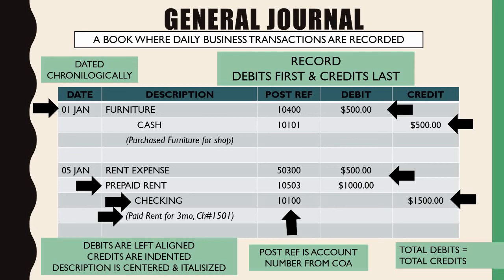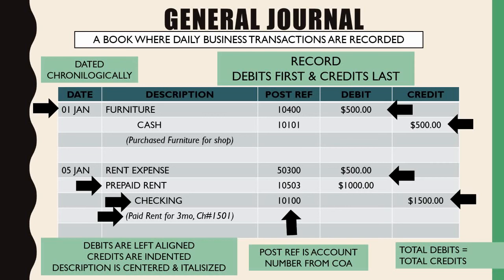So, pretty straightforward. This is what it looks like, right? When we dive into using Excel to demonstrate how a general journal looks, I've uploaded in the study materials an example of an Excel file that uses a general journal. So again, you can use that for practice purposes, okay?